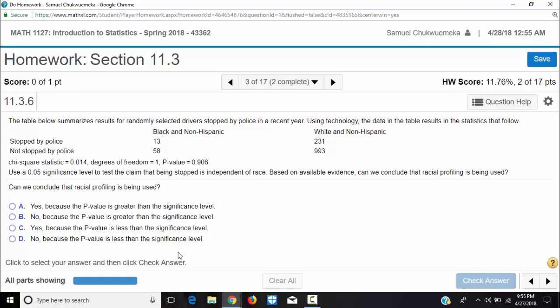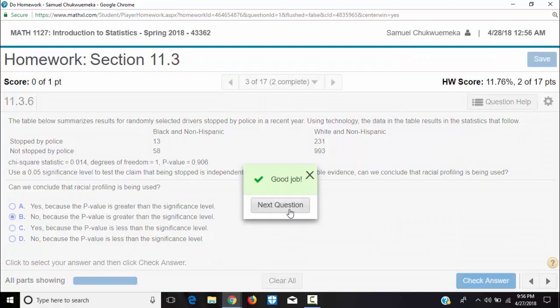So that is as regards this question. If you read the options here, can we conclude that racial profiling is being used? We will say no, because the p-value is greater than the significance level. Does this make sense? Please, if you don't understand it, feel free to ask questions.